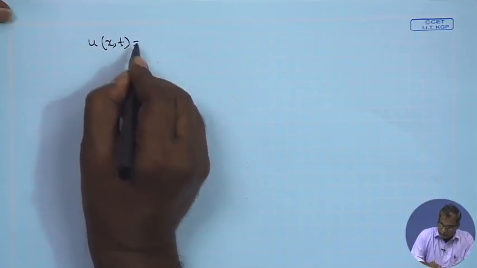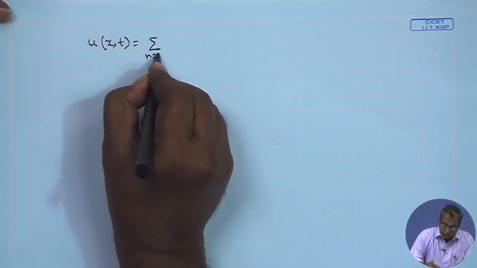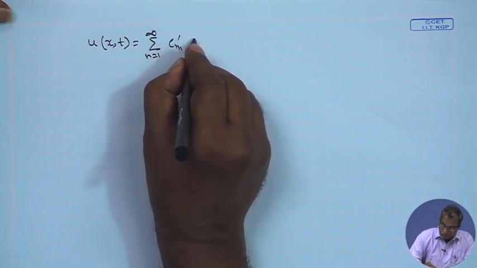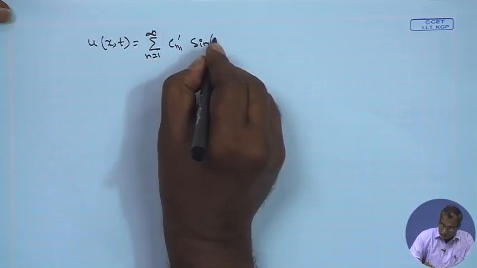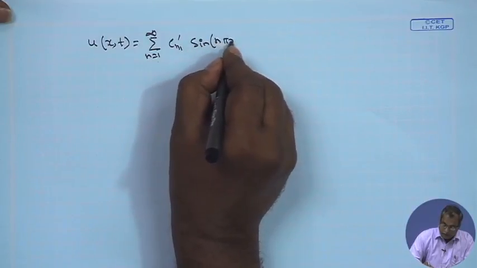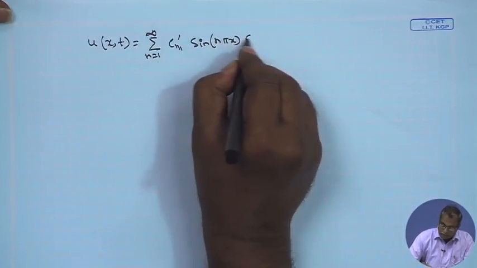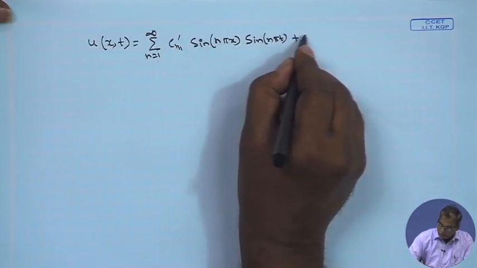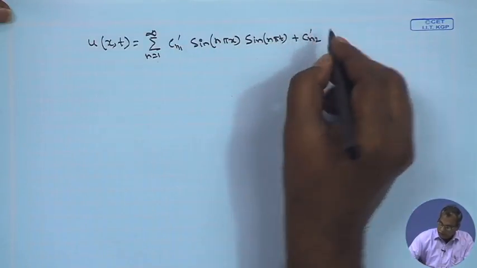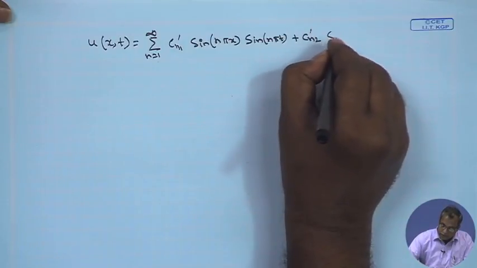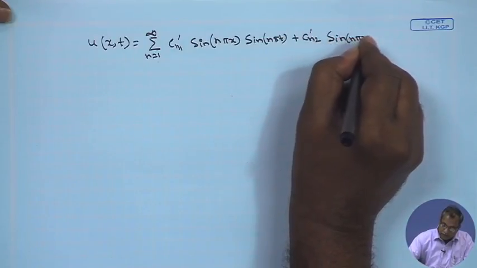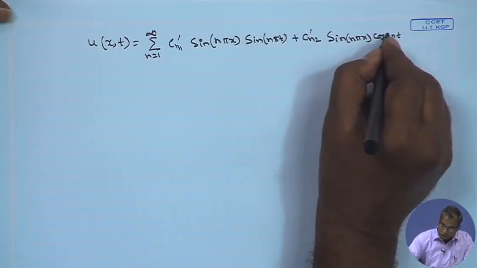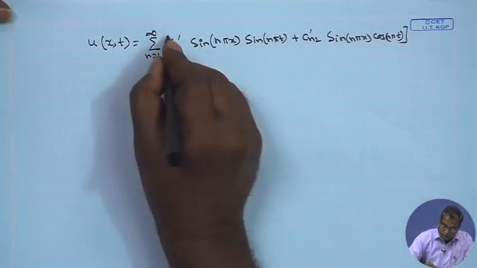So, u of x, t is equal to the summation from n is equal to 1 to infinity of C n 1 prime sin n pi x sin n pi t plus C n 2 prime sin n pi x cosine n pi t. So, that is the complete solution.